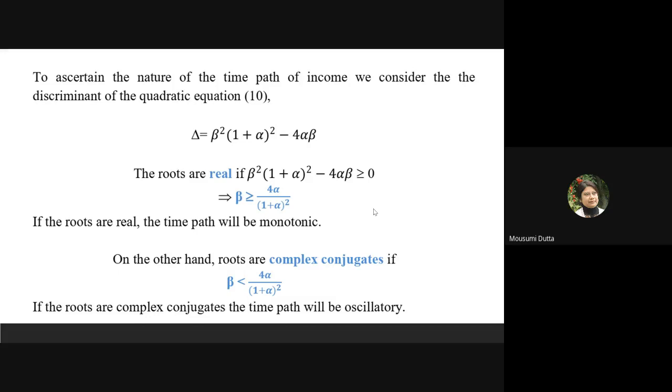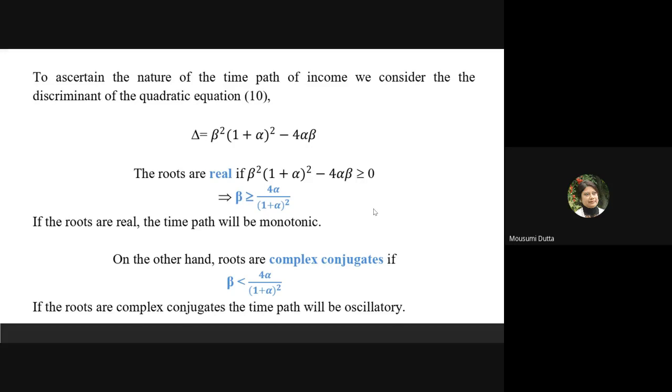When we are getting the quadratic, the nature of the roots can be understood using the idea of whether the roots are real or whether the roots are complex conjugates. As long as you consider the first order difference equation, b, which is the root of the time path, you can consider as positive or negative.